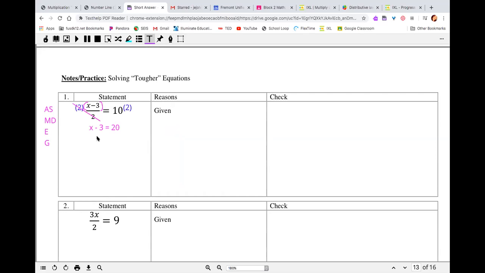What do I want to do? Plus 3. Yeah, now I'm going to add 3, okay? So if you need to use these grouping symbols for an extra visual, you can, even if you didn't have them here, or if you had them here. We can't subtract x from 3 because we don't know what x is. So either way, we're still adding 3 to both sides now.